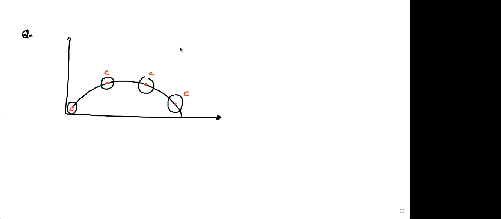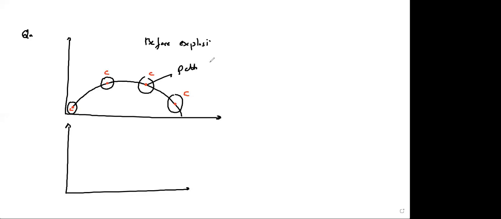If this bomb explodes, will the center of mass follow the same path or will its path change? This is the path followed by the center of mass before explosion. What will happen after explosion? Will the center of mass follow the same path or will it deviate?